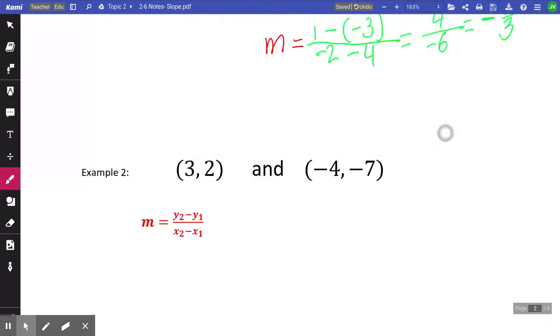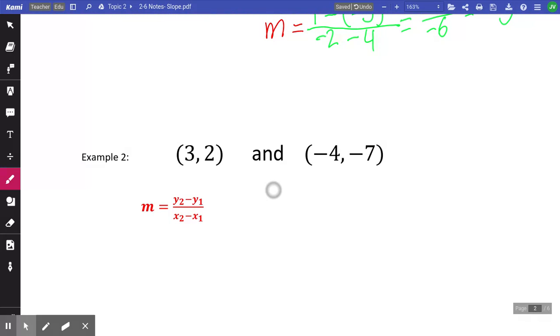All right, let's take a look at this other example. So we are going to label this x1, y1, x2, y2. So I'm going to take this -7 and subtract 2 from it. So the slope will be -7 minus 2 over.